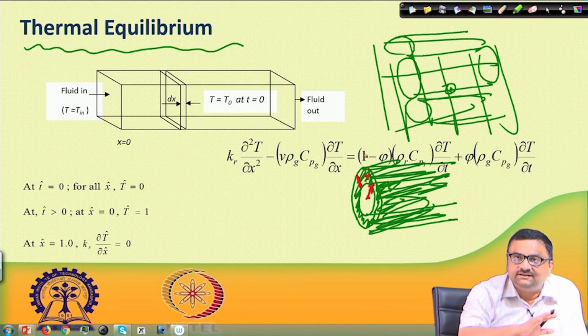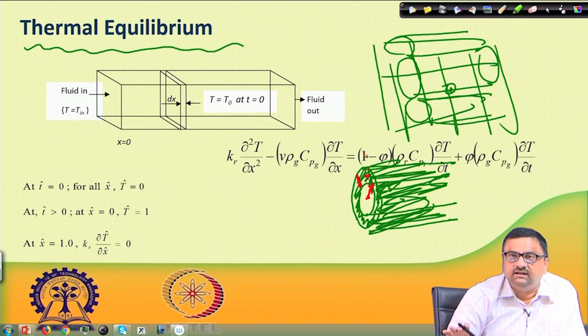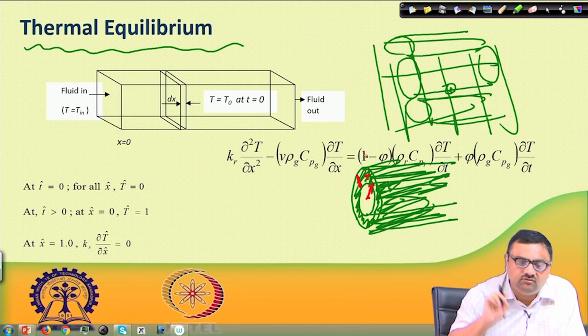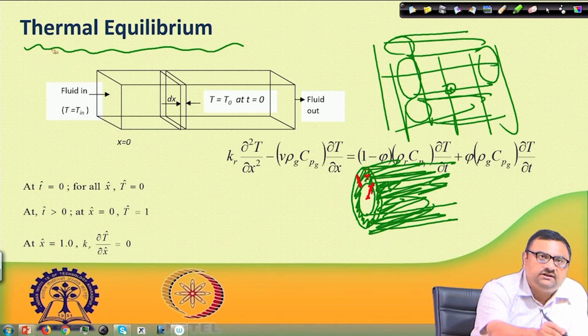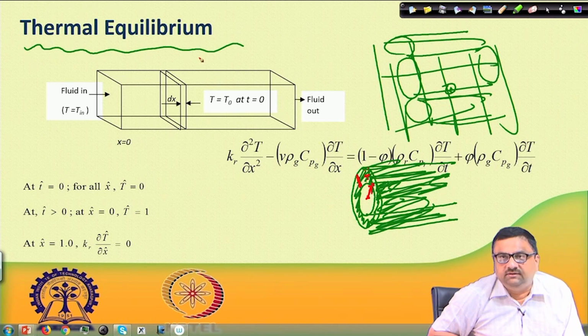But we are assuming, as if by brute force, that I have homogenized this whole thing together into one single homogeneous entity in which the temperature is a continuous field. So, this is allowed provided you are assuming a thermal equilibrium.